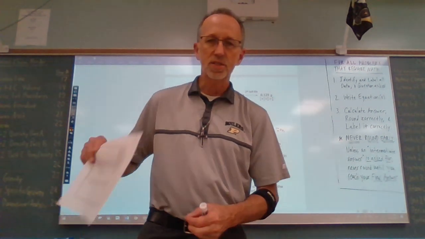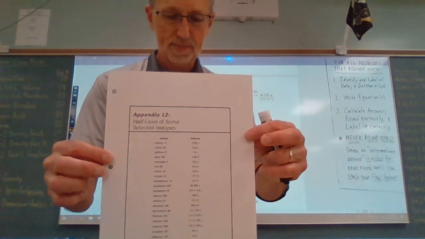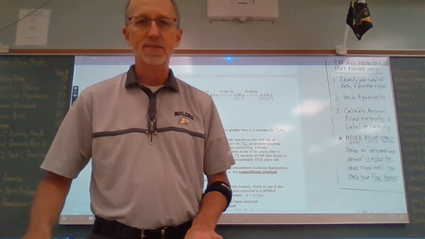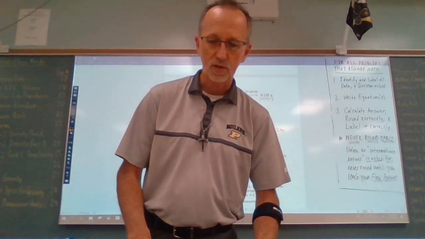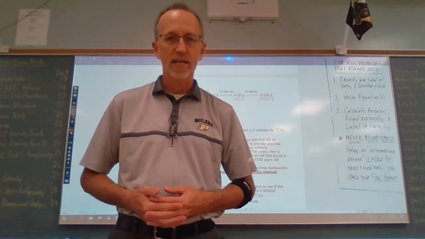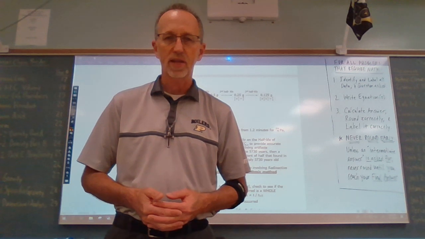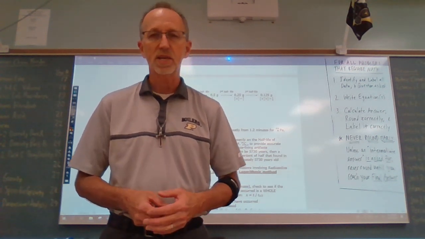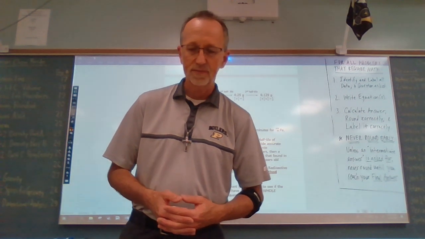Now, if you look at this chart that you picked up today, Appendix 12, this is the half-lives of some various radioactive isotopes. And as you can see, they vary greatly in the amount of time it takes for their mass or quantity to be cut in half, or their half-life.